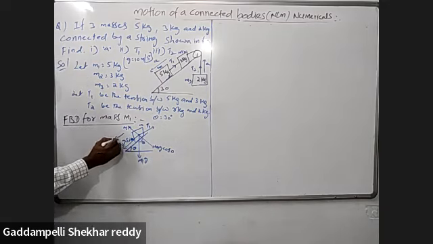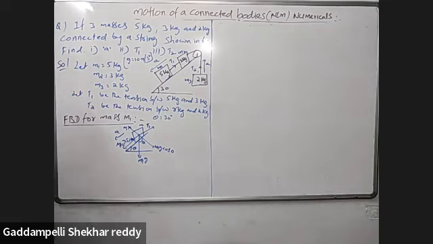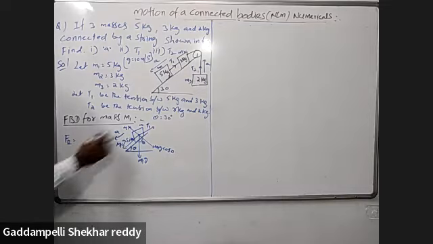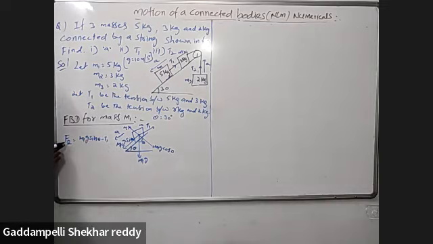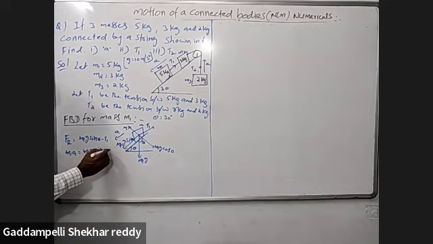The direction of acceleration is along the inclined plane downward. So the resultant force F is equal to M1g sin theta minus tension T1. Here F we have to write as M1a, so M1a equals M1g sin 30 degrees minus T1.